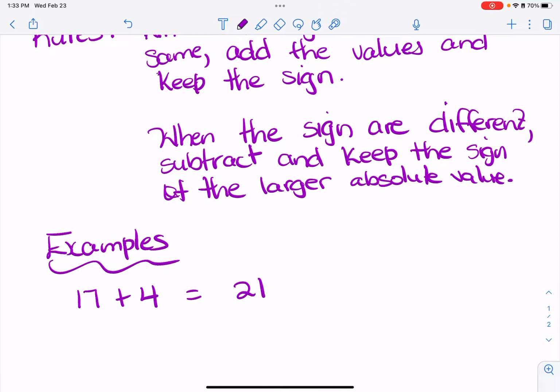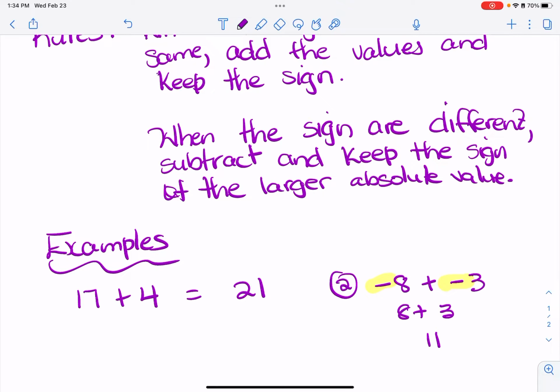Let's look at another example. This time, let's look at some negative numbers. If I have negative 8 and I am adding negative 3, notice that I have both negative numbers. The rule is add them. So 8 plus 3 would be 11.